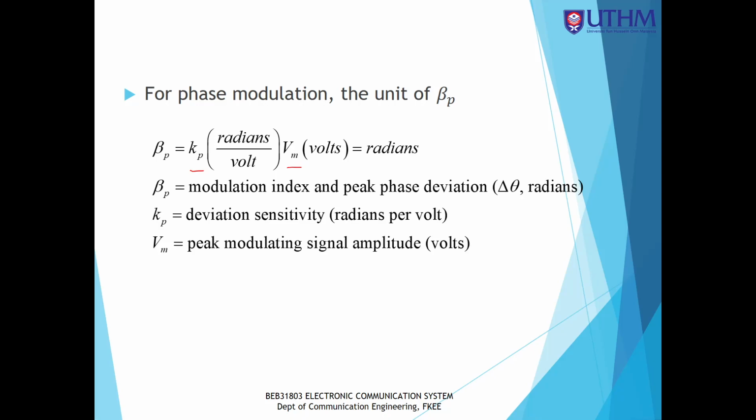Remember, Kp is the phase deviation sensitivity parameter, and the unit is radians per volt, multiplied with Vm in volts. So radians per volt multiplied with volt, you get radians. That's why beta P is in radians.